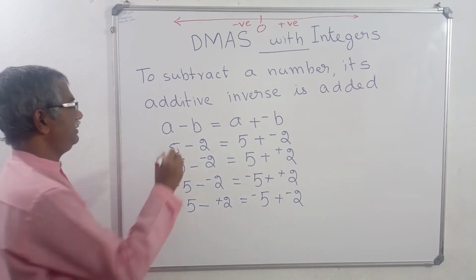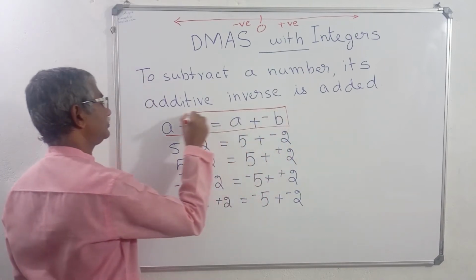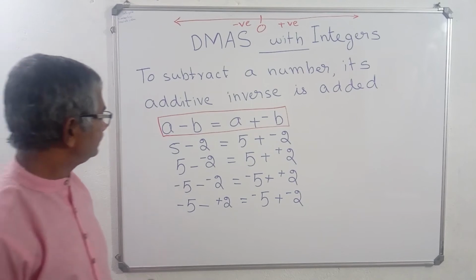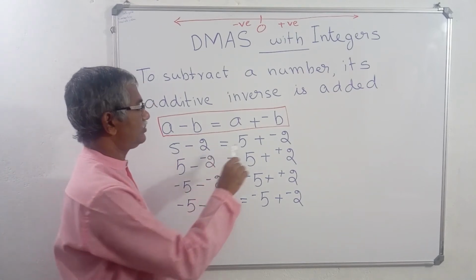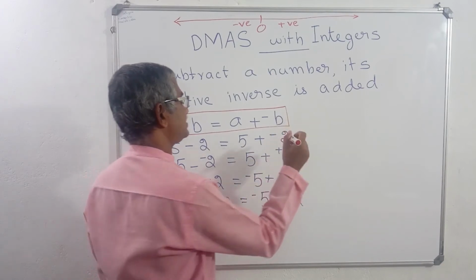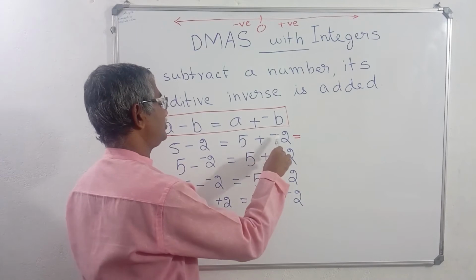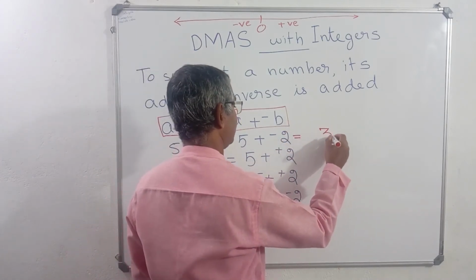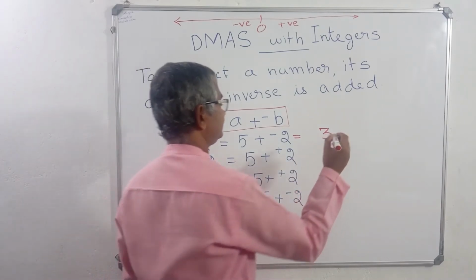A minus B is equal to A plus negative B. If so, 5 minus 2 is equal to 5 plus negative 2. 5 more, 2 less. The difference is 3. We can do it like this.